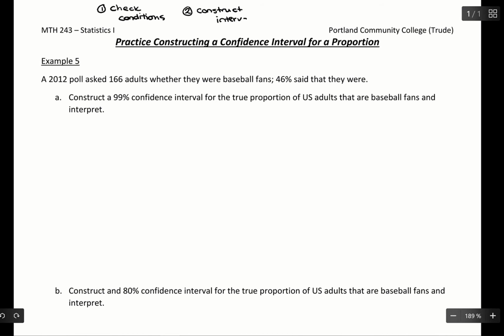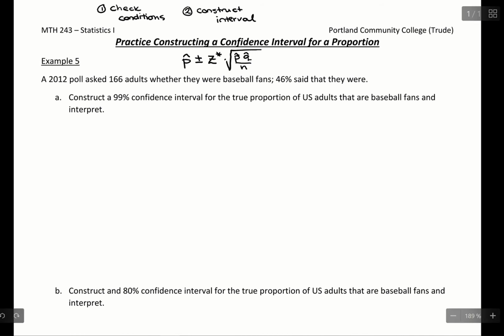So we'll use our formula, the p hat plus or minus z star times our standard error, and that will construct our interval for us. In fact, I'll be more descriptive with our standard error there. It's the square root p hat q hat over n. So we'll plug in the values that we know there and then find that lower bound and upper bound.